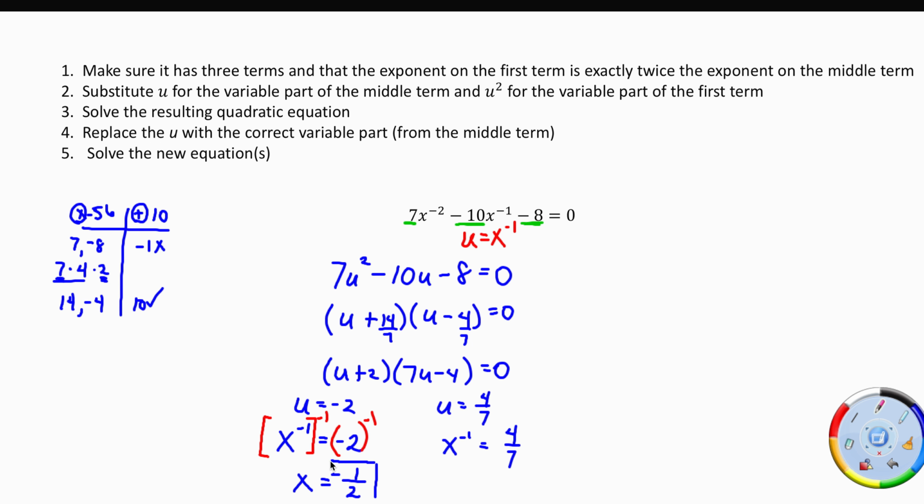It's not a radical, so I don't have to worry about whether I need to check my answer or not. These are not radicals any longer. Fractional exponents are radicals. These are reciprocals. So once I realize that the negative exponent means a reciprocal, I could just say, oh, then if x to the -1 is 4/7, x to the positive 1 must be 7/4.